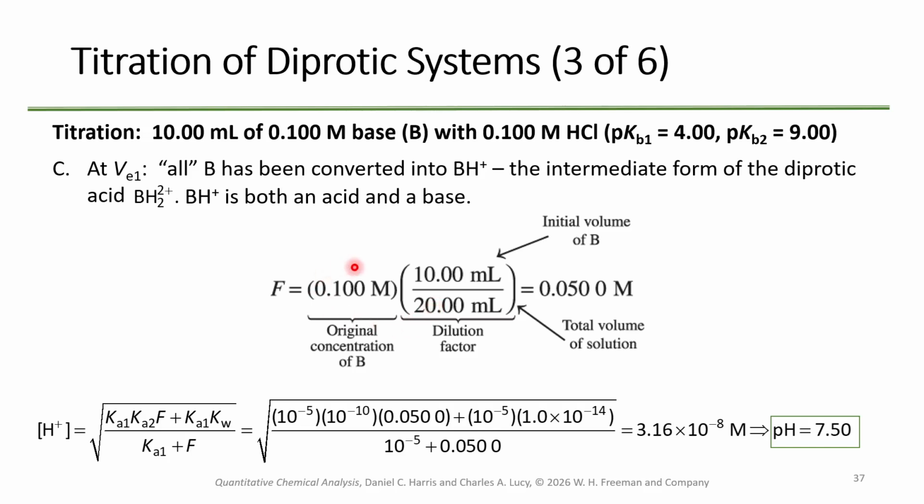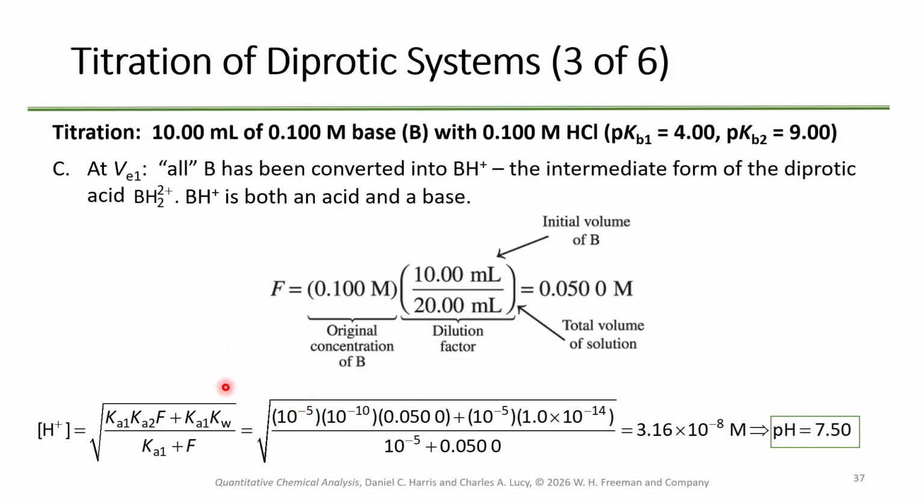And so our formal concentration is 0.1 times 10 over 20. Okay. 10 plus 10 down here. Right? Okay. This is our new formal concentration at this point. We need to go ahead and add those into our calculation for the H plus concentration in the Ka1, Ka2 intermediate form region. And so we go ahead and put those numbers in.